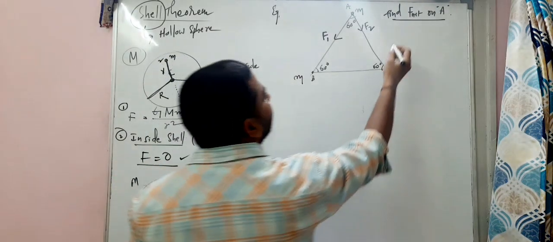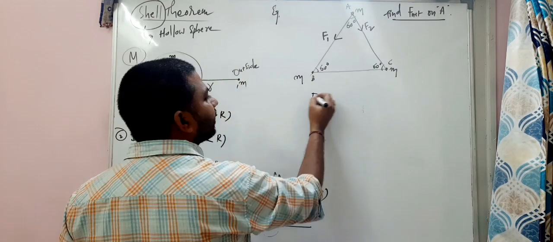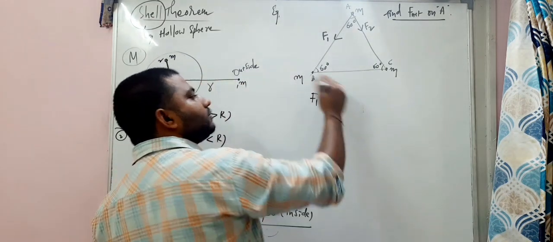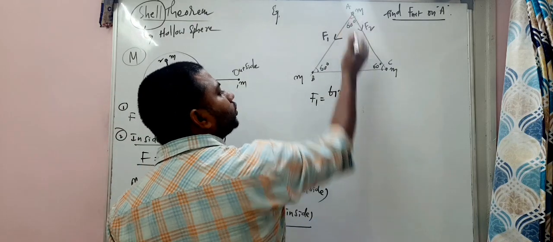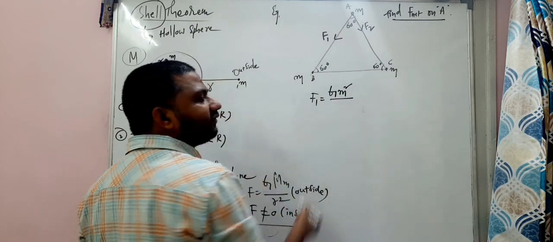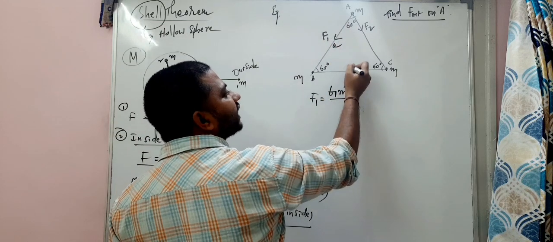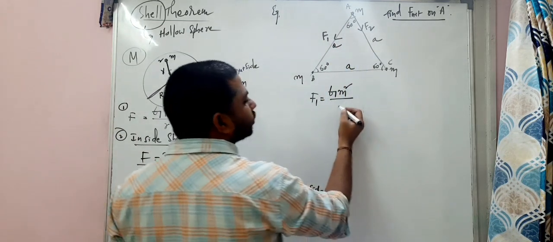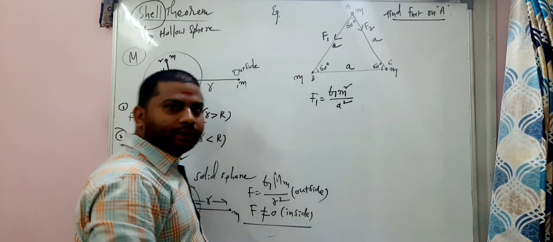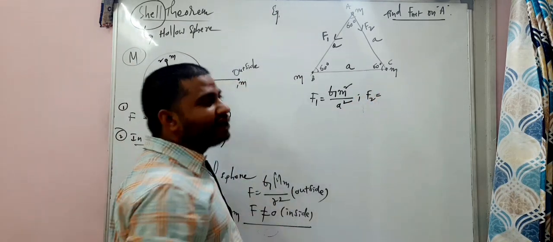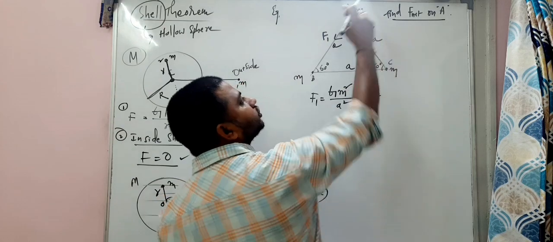And what is F1, my dear students? Look here, I am writing here. F1 is equal to G into M1 into M2, and it is M square divided by R square. It is an equilateral triangle, right? So the side length is given as A. So this is A square, that is F1. And at the same time, what is F2, my dear students? F2 is the force of interaction between these two masses.